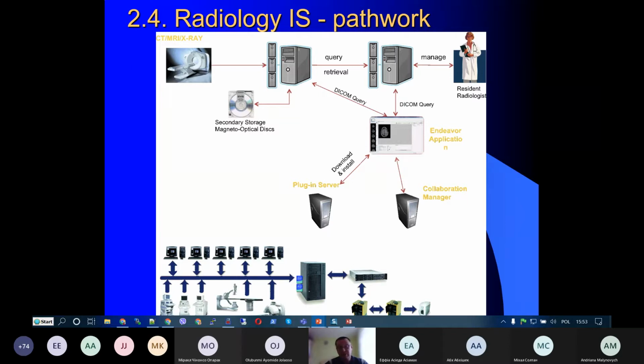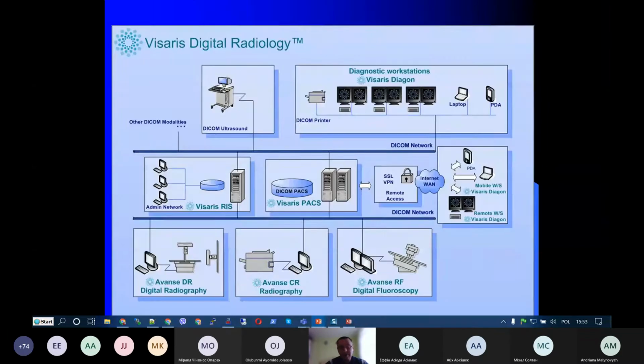In logical statement, for sure, it's almost the same if you speak about usage of PACS and building the PACS. But in this case, as you can see, in the specific solution from this company, if you look into the middle row at the center of this image, you will see that we have at least two solutions.